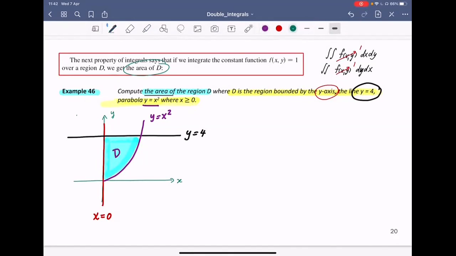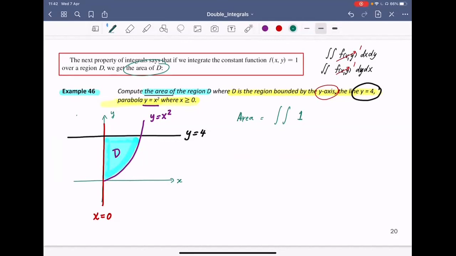For sure, the area of the region D is going to be a double integral, and then you put 1 inside there. Tell me what you want. Do you want a vertical line or a horizontal line? Do you want to integrate dx dy, or dy dx?